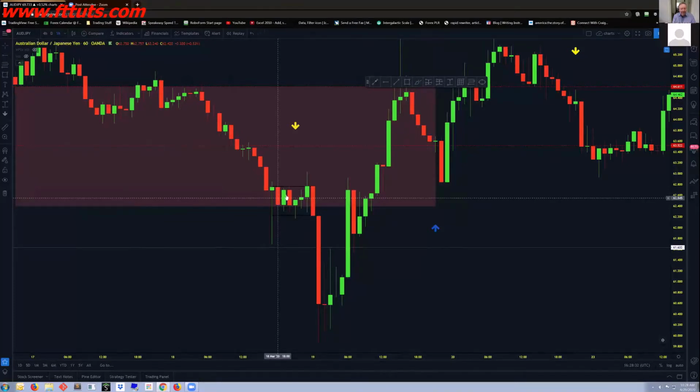Price runs below, and clearly it's pinning away from the bottom of this. There's no close, and then look what happens. We said the high is 62,757. Now look at the close of this one. The close is 62,767. Price has closed out of the range of this inside bar. Price wants to go higher.